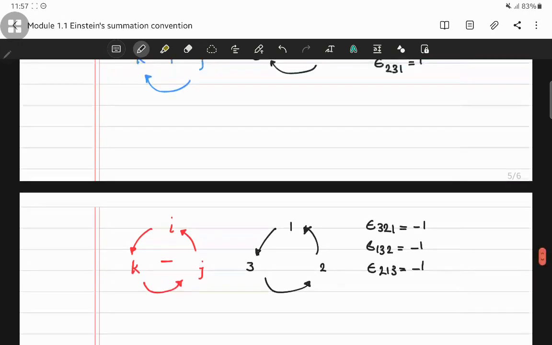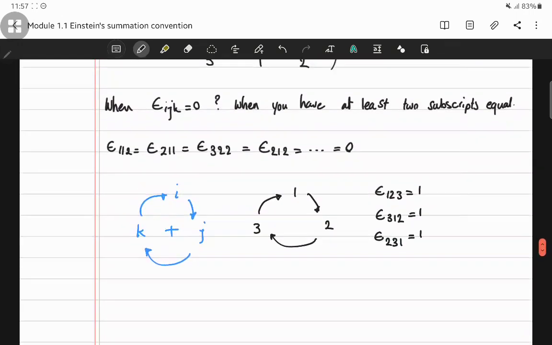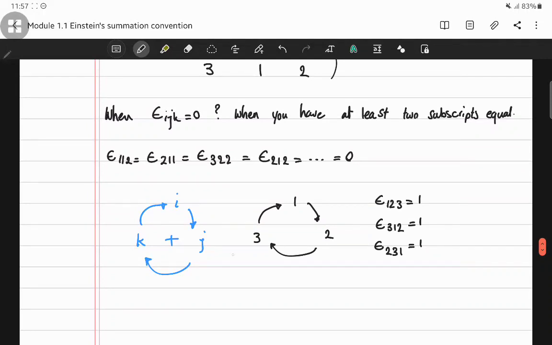This is also recognizable from this here. So if you have, for example, 2, 1, 3, we are moving in the opposite direction. So we have epsilon 2 1 3, which is minus 1. We have 3 2 1. So this is also minus 1.